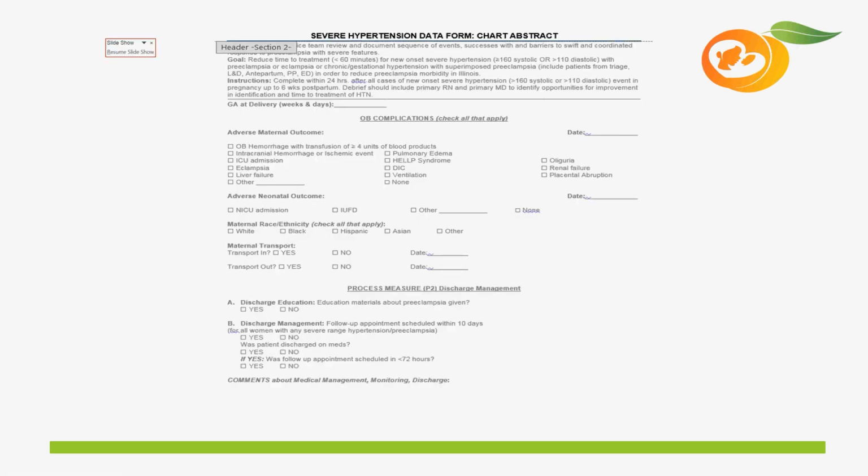And then any complications, outcomes, you can record that. And also there's a place for race, ethnicity, if transport occurred, and discharge management. Just in terms of doing this in your facility, the utility of it, would really love to have some feedback or some chat come across with your thoughts on it.